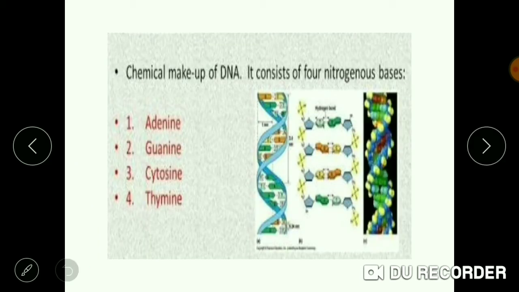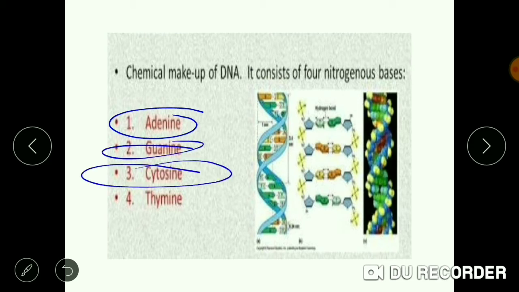There are 4 nitrogenous bases. First one is adenine, another one is guanine, third one is cytosine, and the fourth one is thymine. These 4 nitrogenous bases are present in our DNA molecule, and help in forming a helical structure. How does this happen? We'll be studying.